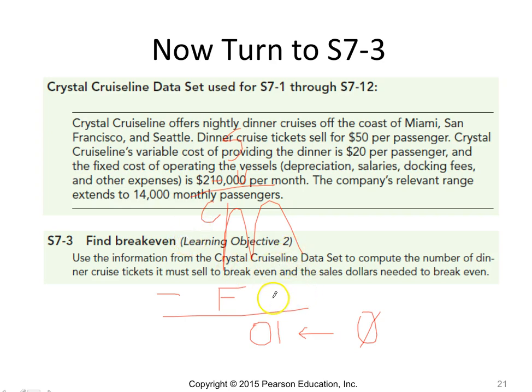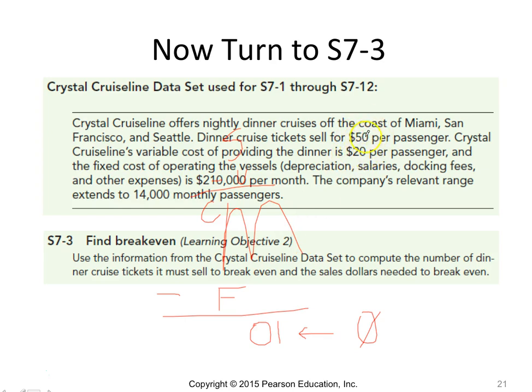So what we have is we're going to see how many sales we want to make in units. Now we know our variable cost, and we know our fixed costs. All these costs we have known already.